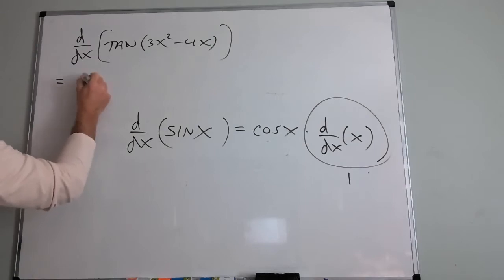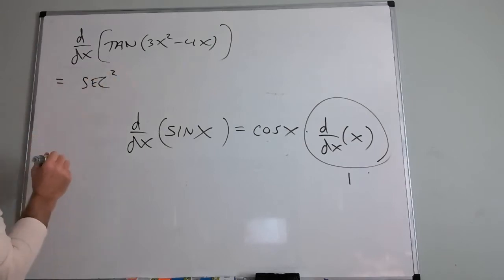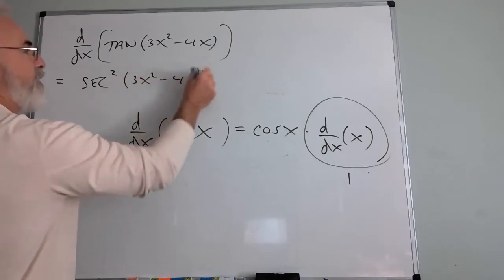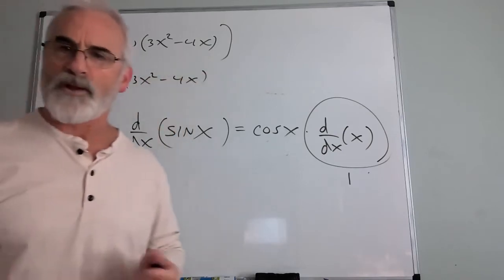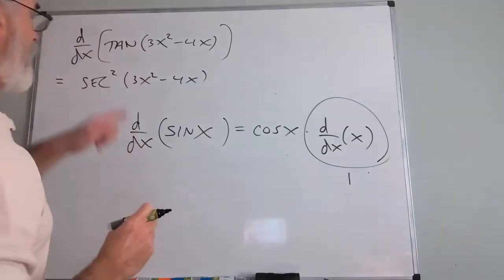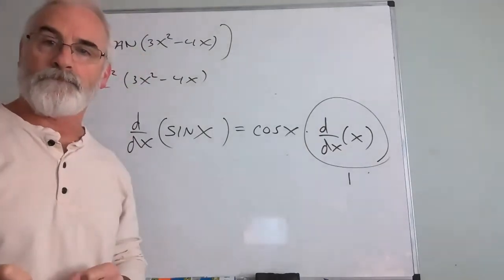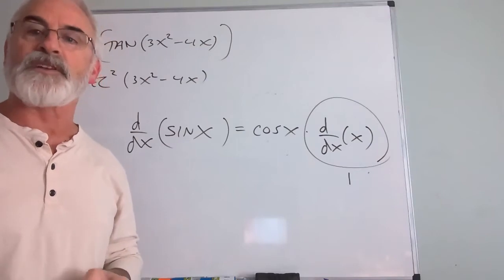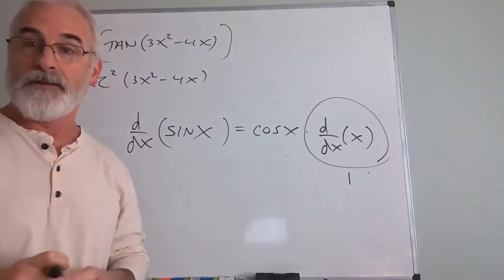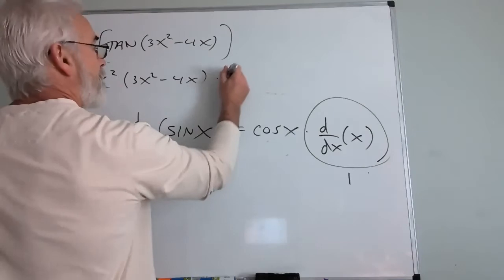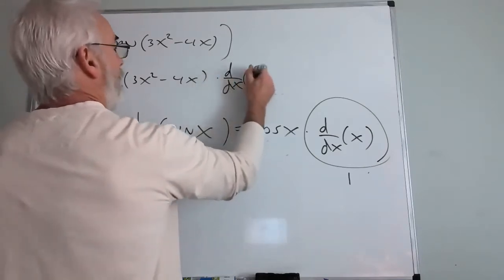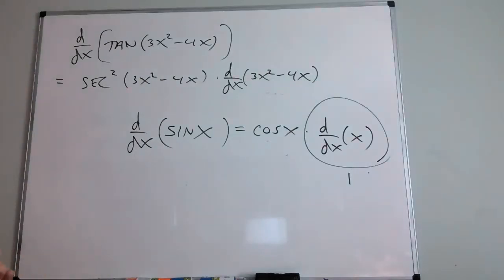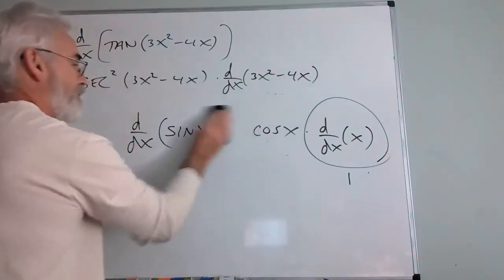So the first thing I'm going to do is the derivative of the tangent function is secant squared. And I like to use formal mathematical vocabulary. So I'm differentiating the tangent of thing. The derivative of the tangent of thing is the secant squared of thing times the derivative of thing. That would be my formal mathematical language there. See, that is what we're doing in this case.